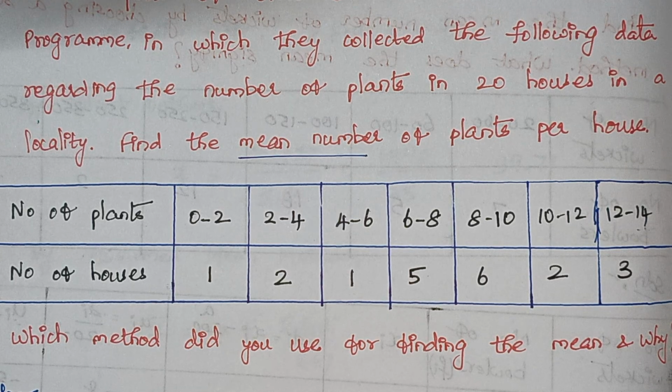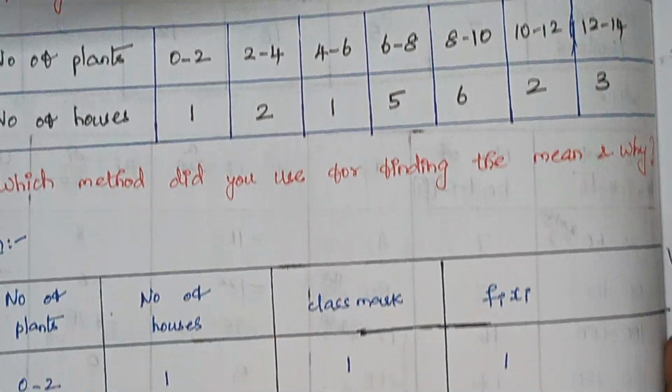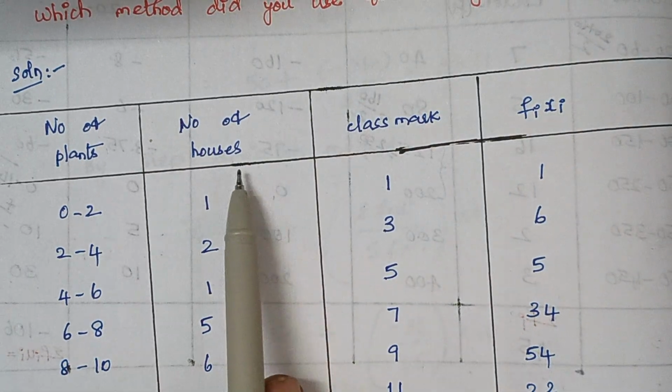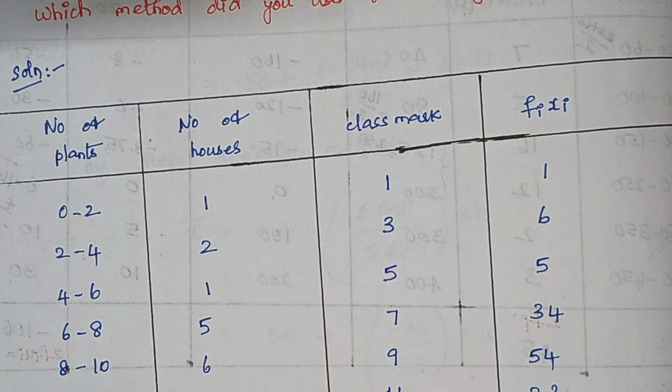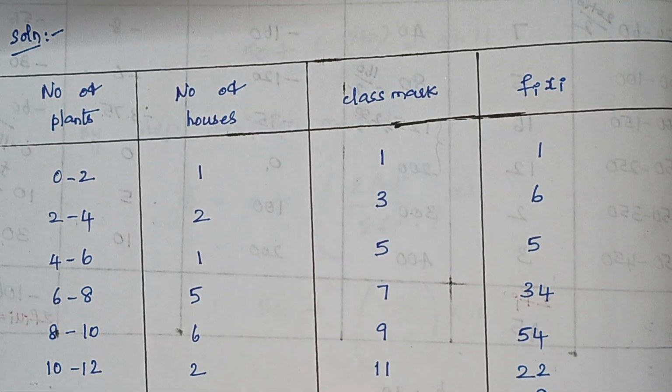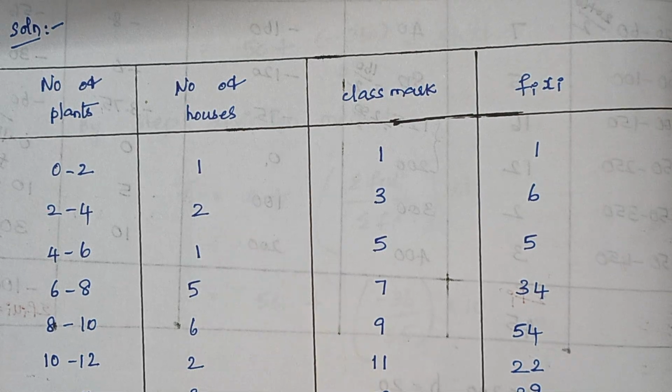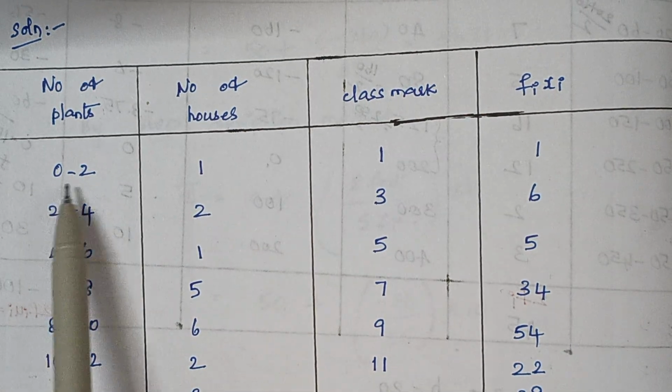Again, we form our table for the solution. Number of plants and number of houses are the two data given in the problem. Here we have to take the average.